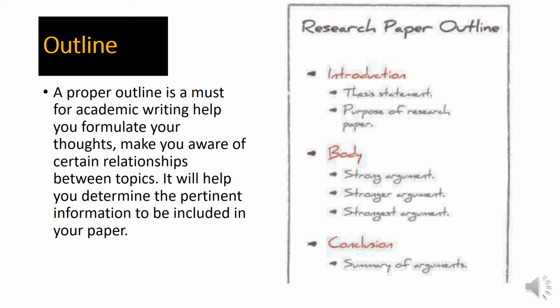Basically, a research paper outline has 3 main components: introduction, body, and conclusion. For the introduction, what you should have here is a thesis statement and the purpose of the research paper. And the body has at least 3 points and strong arguments for every point. And then the conclusion is a summary of the arguments in the selected topic.